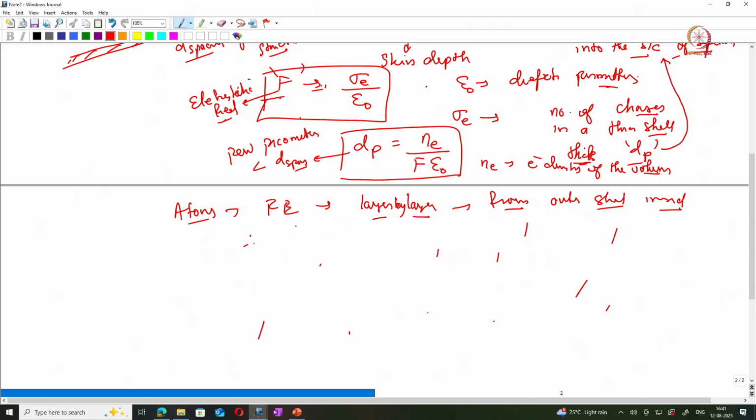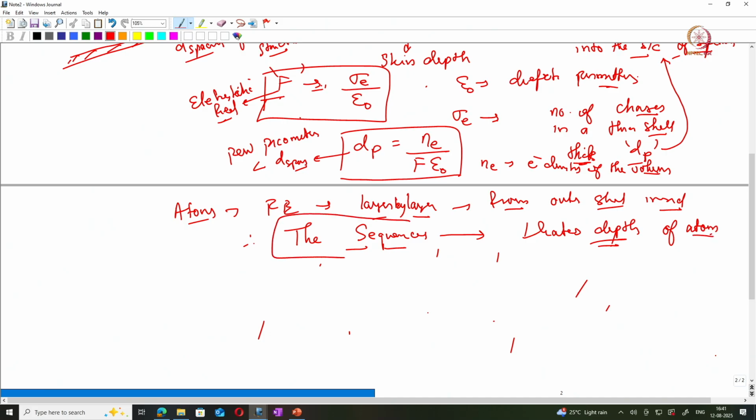So here the important aspect is the sequence. The sequence in which the ions are detected relates to the depth of atoms which are removed from the sample surface. So this sequence is very important to understand the depth at which these atoms are removed from the original sample.